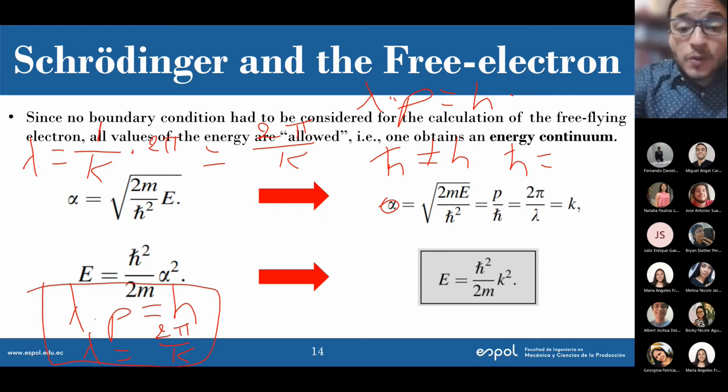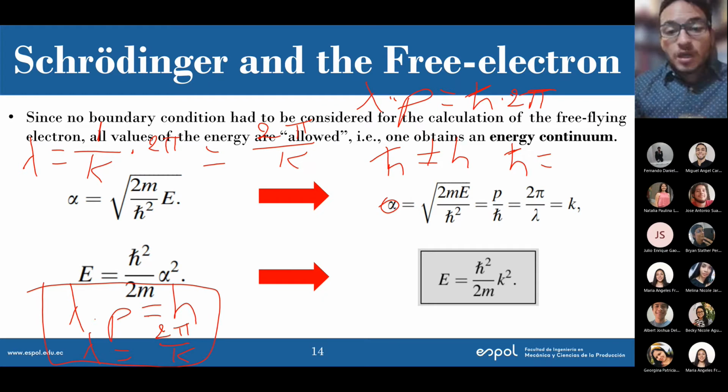So with this equation, remember that this will be basically 2 pi times h, right? 2 pi times the variation of the Planck's constant.